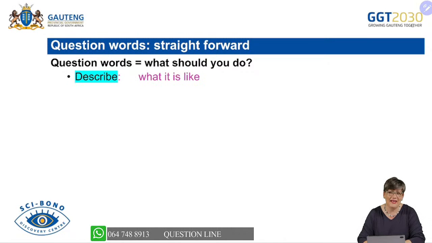Describe is really a straightforward question. That means you have to tell us what it is like. If you have a question with the word identify as a question word, you have to go find the answer. Now remember, as I said, these are straightforward answers. You'll find the answer in the passage.